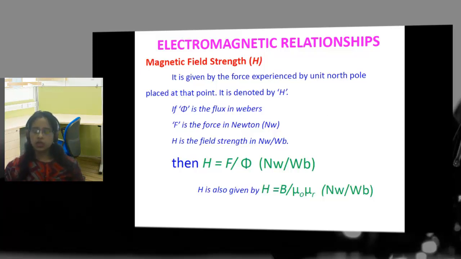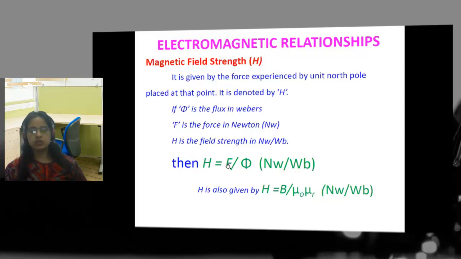Now if phi is the flux in Weber, F is the force in Newton, and H is the field strength in Newton per Weber. So what is H?